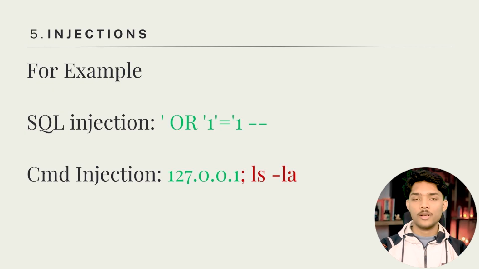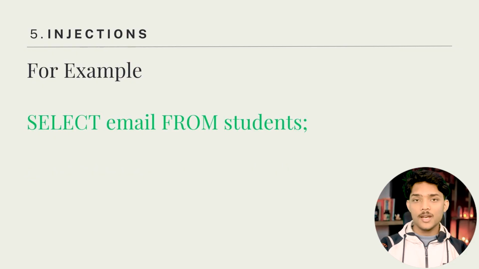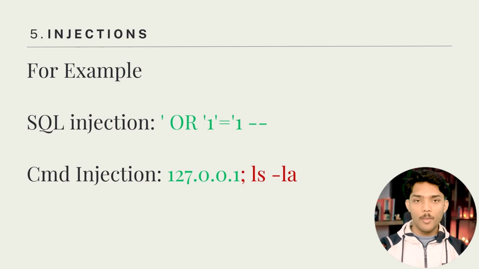For example, if you want customer details or student details, just enter a simple command that selects student email IDs from the database named students, and you will simply get the email IDs and the credentials of students. So this is how SQL injection actually works if the website is not secured and has an injection vulnerability.